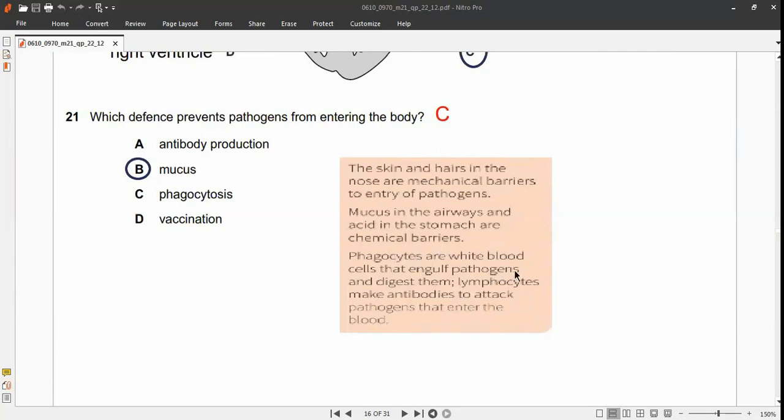Phagocytes are white blood cells that engulf pathogens and digest them. Lymphocytes make antibodies to attack pathogens that enter the blood. So which defense prevents pathogens from entering the body? Yeah, so it's mucus.